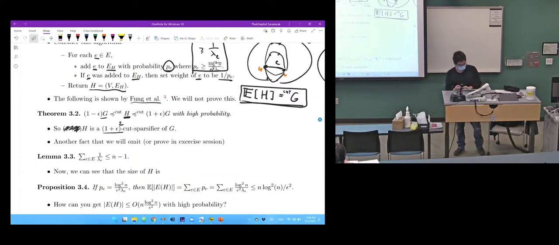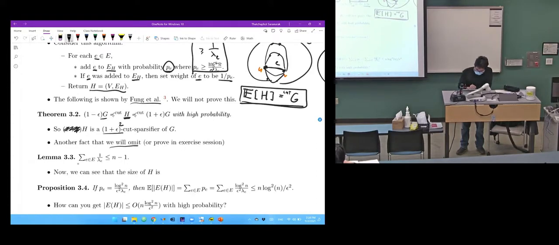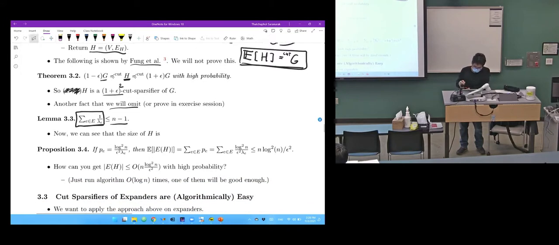Okay. There is another fact that I will omit. I might prove it in the exercise session. That is, this sum is actually at most n. But if it is the case, what do we get?